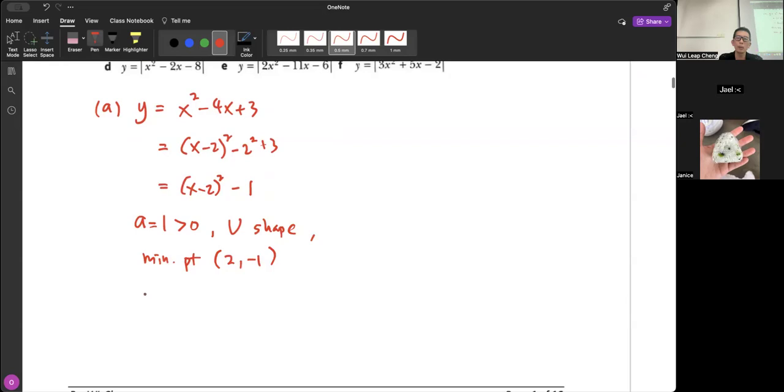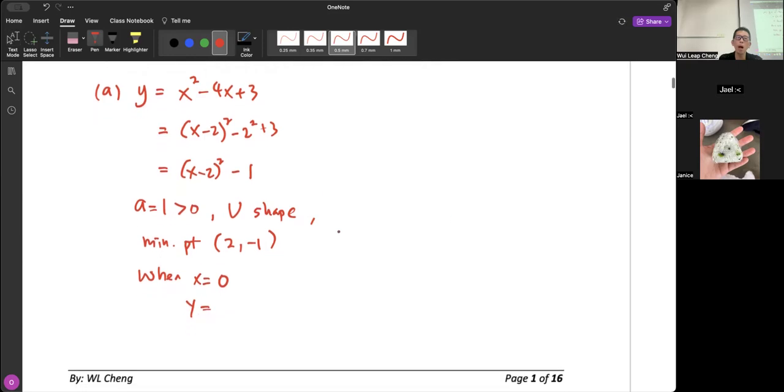Okay, after that, you have to find when x is 0, what is y? When x is 0, what is the y value? 0, 0, 3, right? When you substitute 0 into here, it's 3. Is it correct?